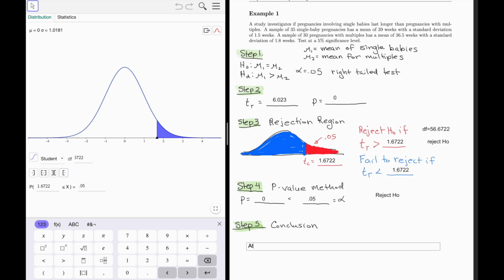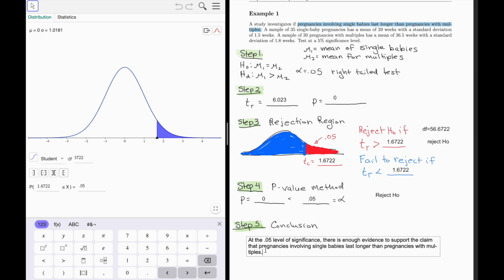So at the 0.05 level of significance, there is enough evidence to support the claim that, and then I'm just going to copy and paste our alternative hypothesis, because that's exactly what we're testing, to make it a little bit easier. So at the 0.05 level of significance, there is enough evidence to support the claim that pregnancies involving single babies last longer than pregnancies with multiples.